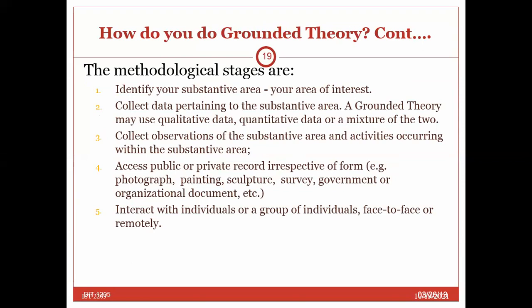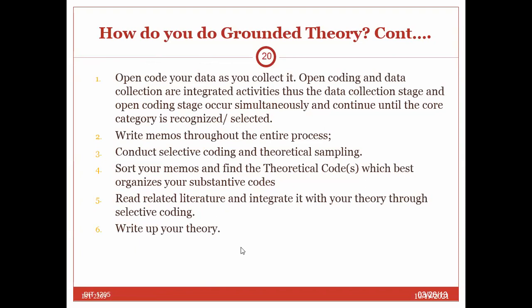So let's say you want to come up with a theory that explains the behavior of children. You collect data on these children, and then you analyze it. For qualitative data, open coding is part of qualitative analysis, and we shall understand it better.